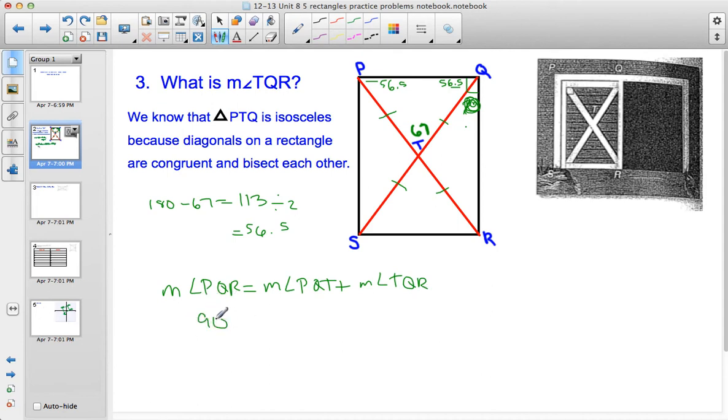And I just determined that PQT is 56.5. And so then that leaves my only unknown, the measure of angle TQR. So if I subtract 56.5 from both sides, then I'm going to get that the measure of angle TQR is 33.5.